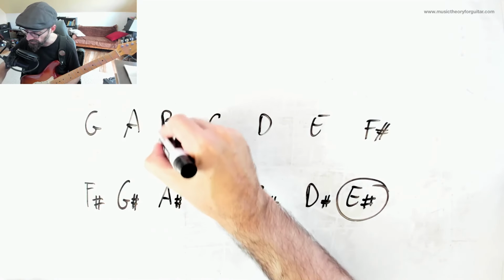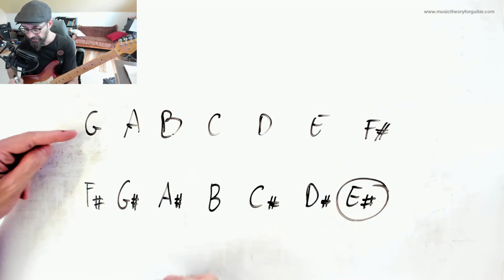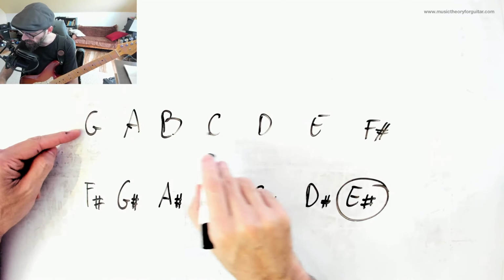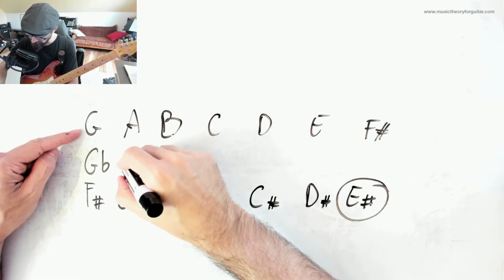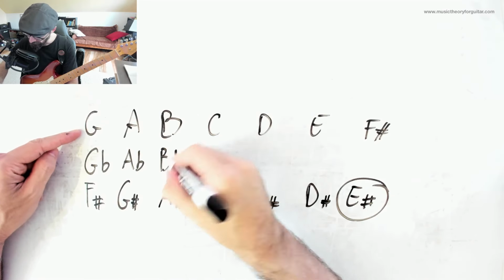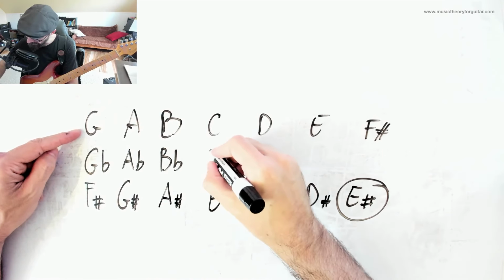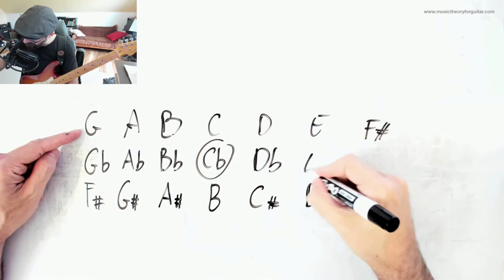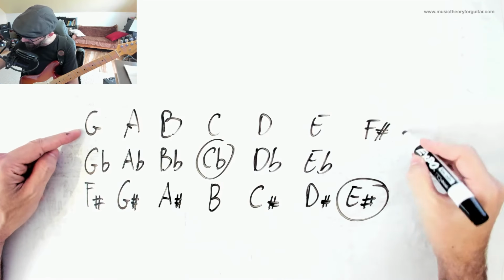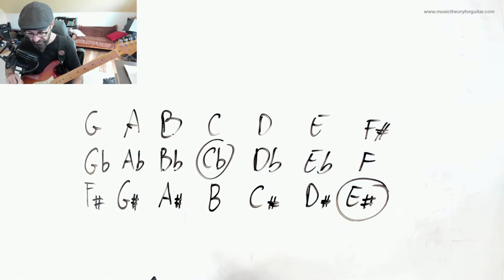Again, one letter each. And to get the key of G flat, I just need to put a flat on each one of those letters. I'll have G flat, A flat, B flat. Oh dear, I'm going to have a C flat. There we go. D flat, E flat, and of course F sharp flat will become just a natural F.